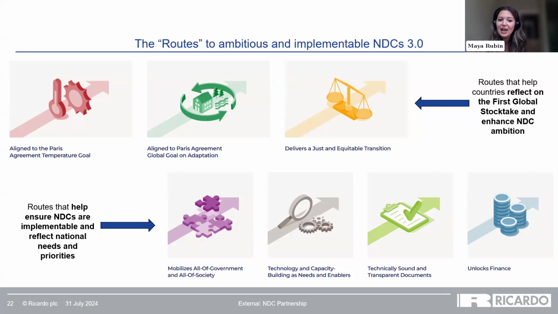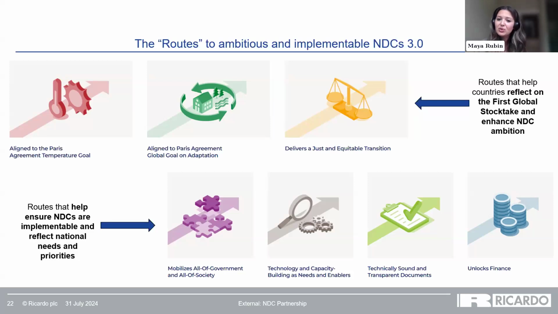So first up there, we have mobilizes all of government and all of society. And this route is really focused on stakeholder engagement. And that might be across government, so different ministries and departments. It might be more vertical, so looking at engaging with local governments. And it also includes elements around citizen engagement as well.